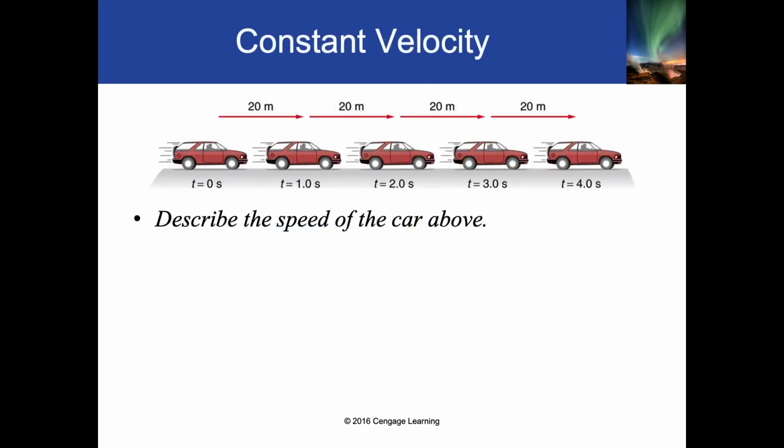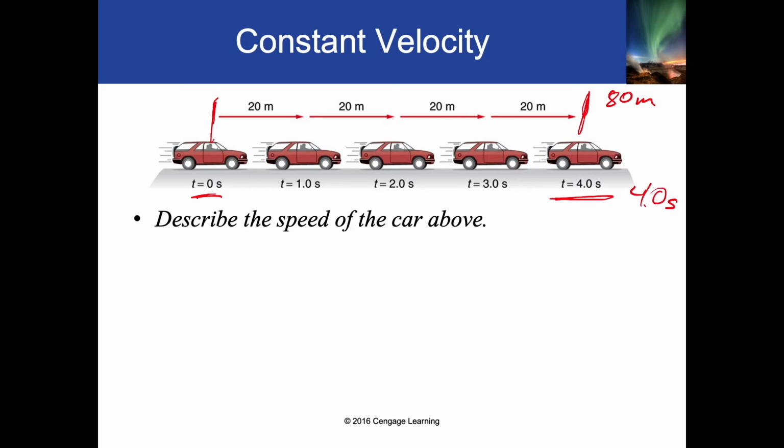Okay, so let's try a problem real quick. Let's describe the speed of this car. The first thing we have to take note of is that this car, from here to here, traveled 80 meters. The other thing to take note of is that it started at 0 seconds, of course, and ended at 4 seconds.